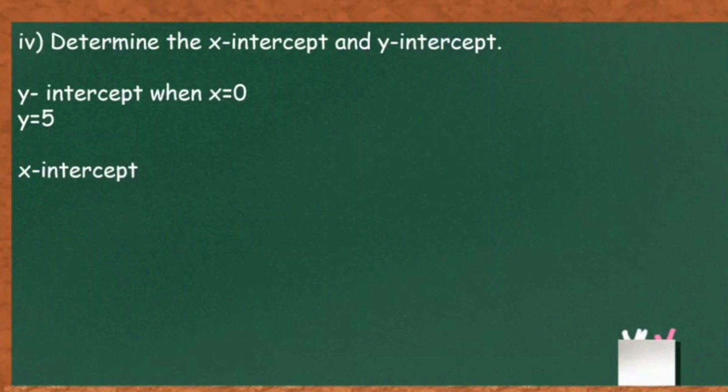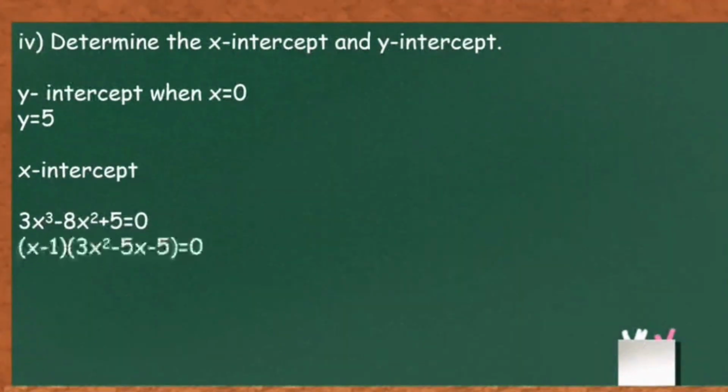The x-intercept has a special condition where we will get 3 different values of x. First, we see the equation and we need to factorize it. So we will get bracket x minus 1 close bracket, bracket 3x squared minus 5x minus 5 close bracket equals 0.